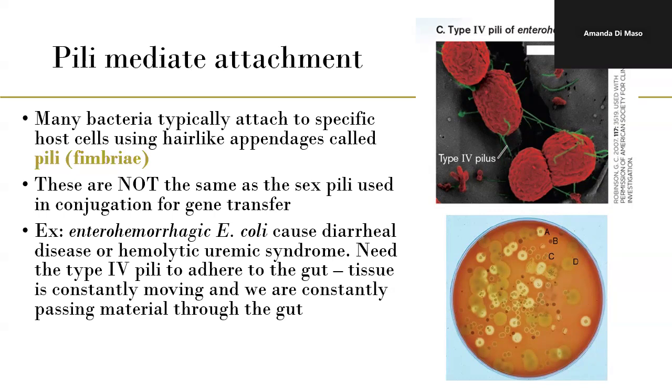The example here that you're seeing in the picture is enterohemorrhagic E. coli, or EHEC. This is a really dangerous variant of E. coli because it can cause, firstly, mainly diarrheal disease. But if you're immunocompromised, or if you don't get the infection taken care of early enough, it can progress to HUS, hemolytic uremic syndrome.